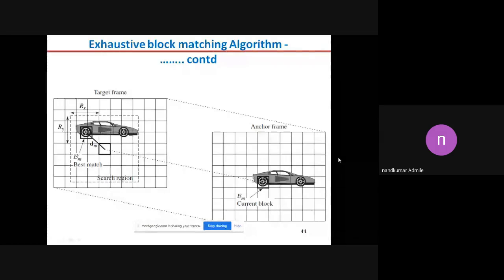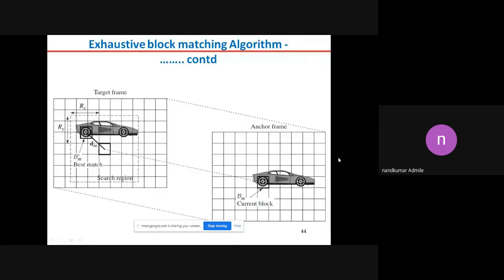As the car moves from one place to another place, there is a change in the particular block. It can move from left side to right side, so there is a change in the particular blocks. If we compare these particular frames, we can get the idea of how the car moved from one place to another place.